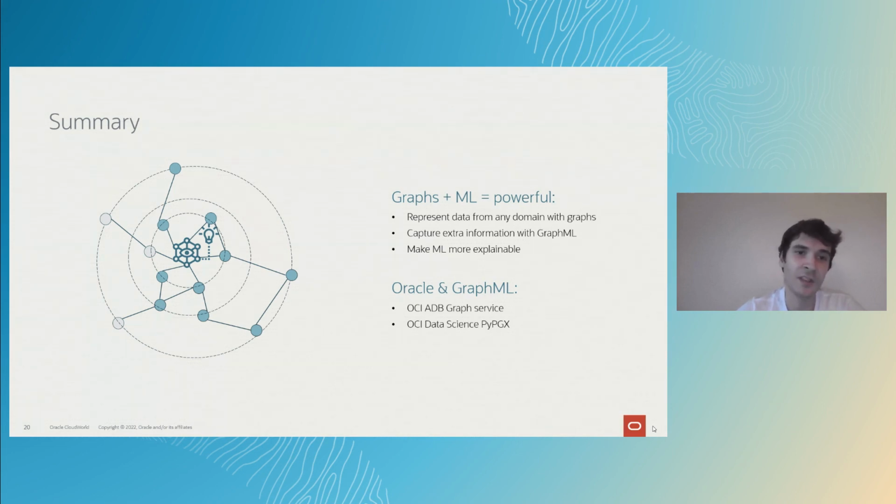They look around, use the topology, and use the features on both the vertices and the edges. They work on any kind of graph, including heterogeneous graphs with different types of vertices and edges. And even though the models are more complicated, they are more powerful, but still explainable. As we saw during this talk, all the predictions of the GraphWise model can be explained with a graph itself, which makes for very convenient visualization and very actionable predictions.